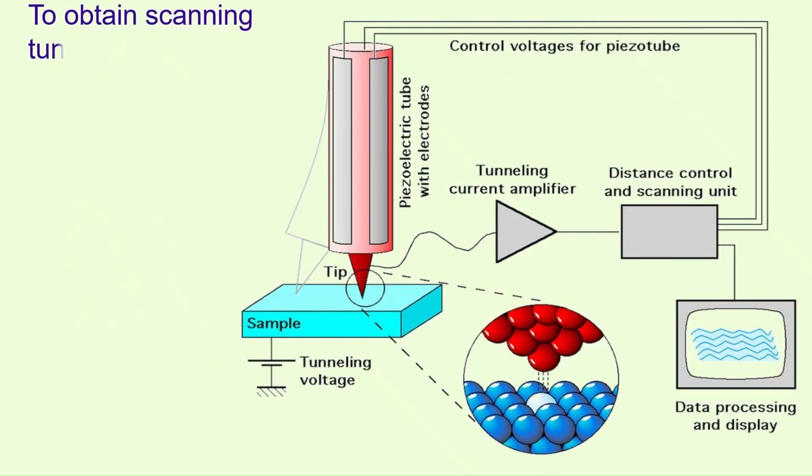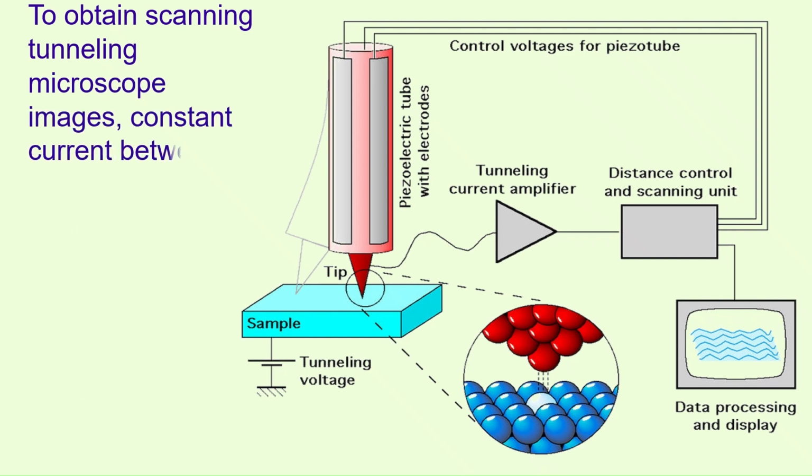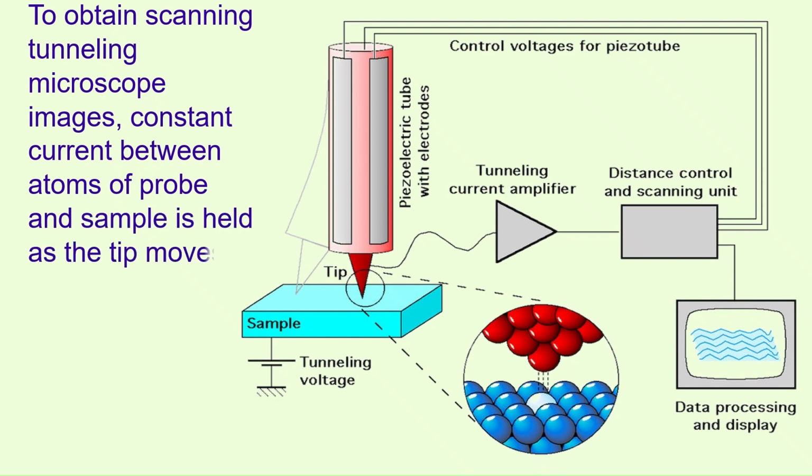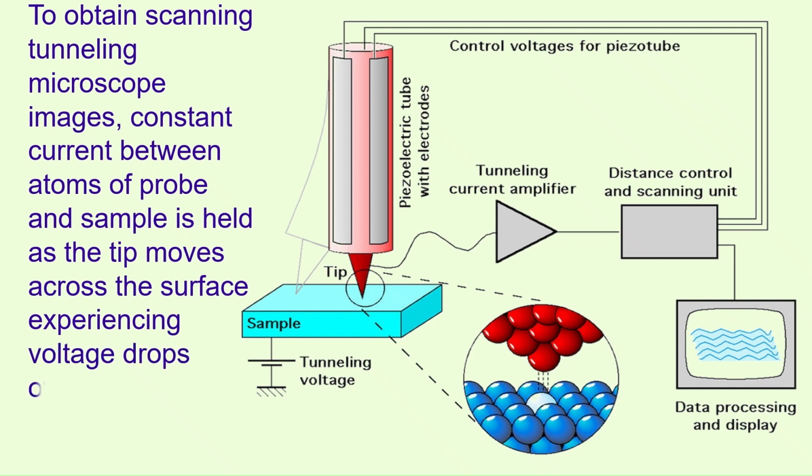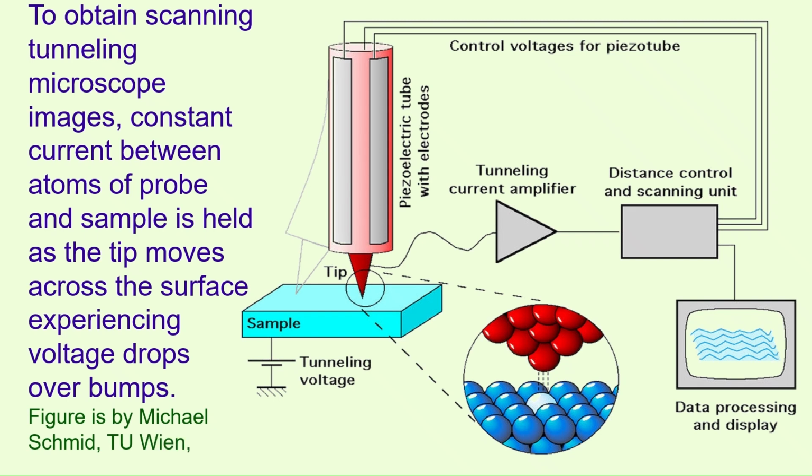Note here in the diagram. To obtain scanning tunneling microscope images, constant current between atoms of probe and sample is held as the tip moves across the surface, experiencing voltage drops over bumps.